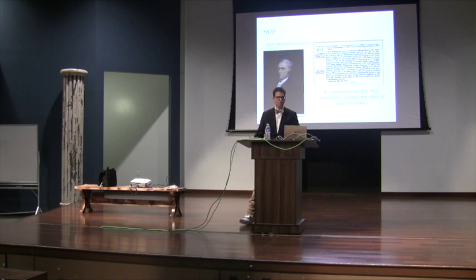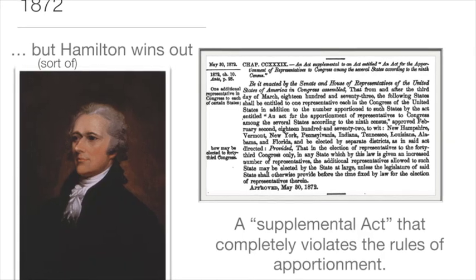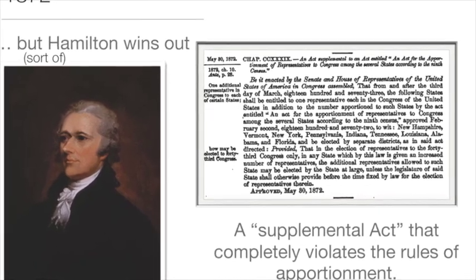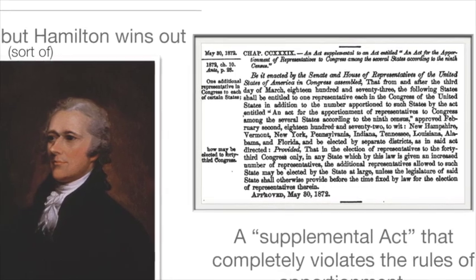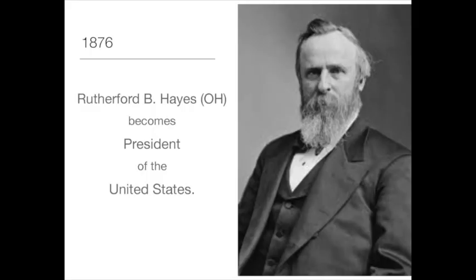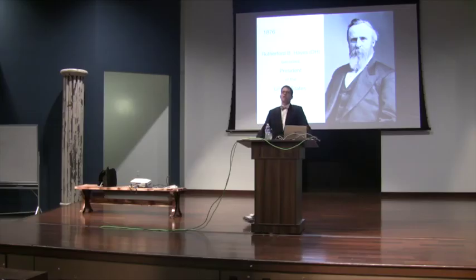So Hamilton's Act wins out, sort of. Because in 1876, we have the election of the Ohio governor, Rutherford B. Hayes, as he becomes the President of the United States. Now, there is a lot of controversy surrounding the election of Hayes. First of all, his opponent, Samuel Tilden from New York, received 184 electoral votes.